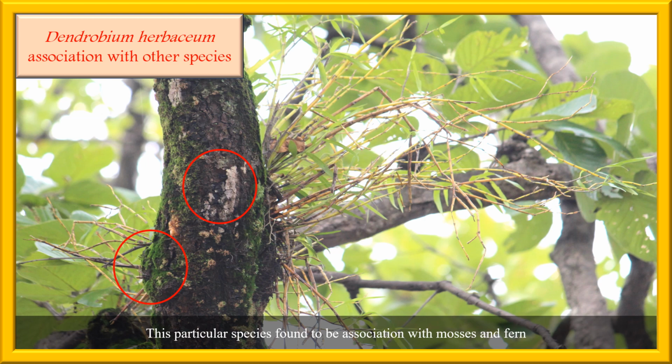It is one of the associate species that we have seen: if these mosses or ferns are there, then Dendrobium herbaceum will also be there. So it is also one of the key characters by which you can find it in the forest.